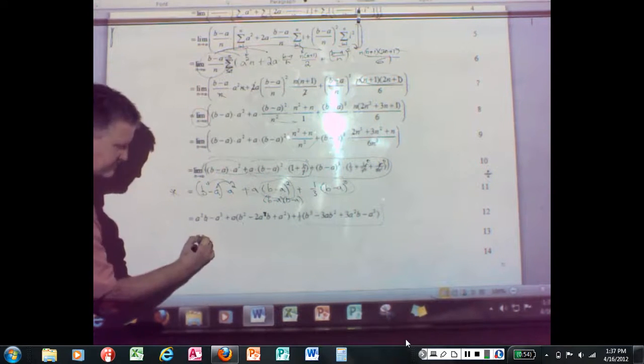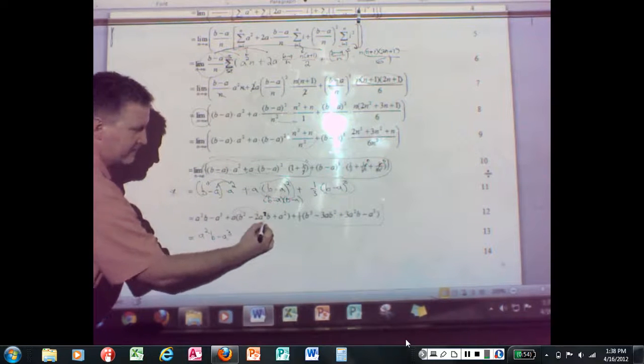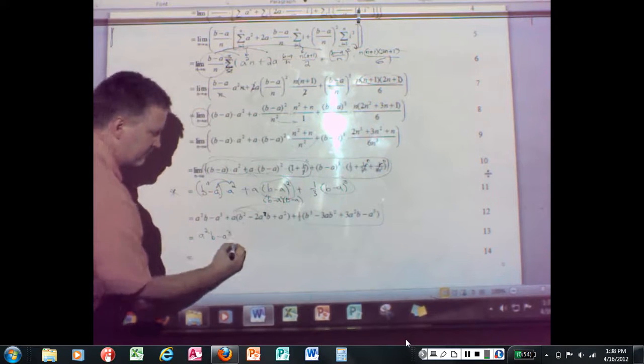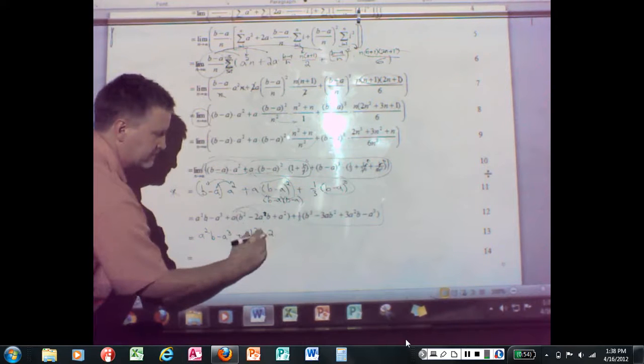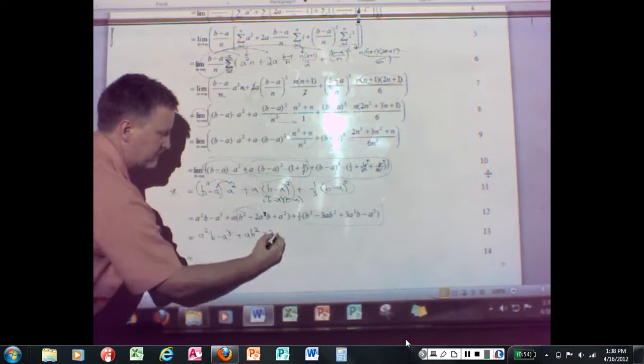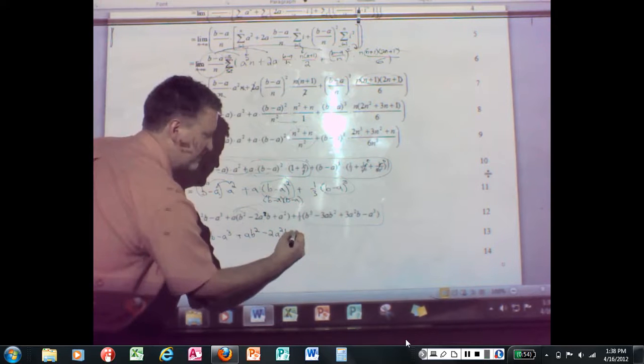So what do we do on line 13 then? Just go ahead and keep multiplying out, right? So we got a squared times b minus a cubed. Distribute that. All right, so it'll be ab squared minus 2a squared b. That's where the 2a squared b should have been. Plus a cubed.